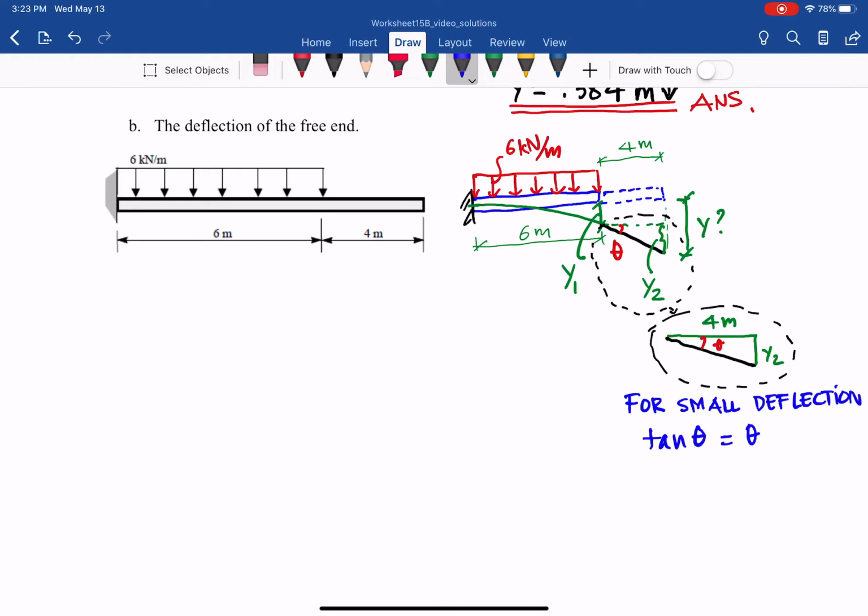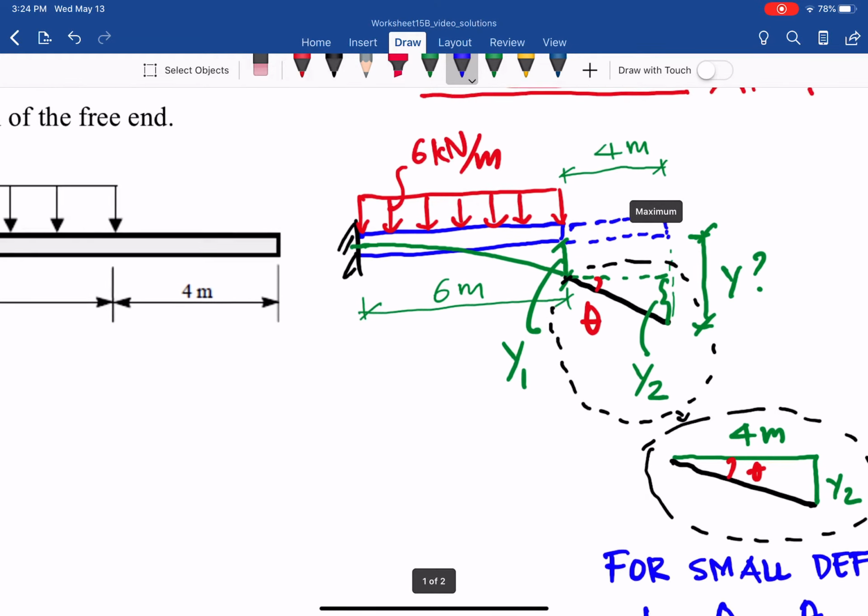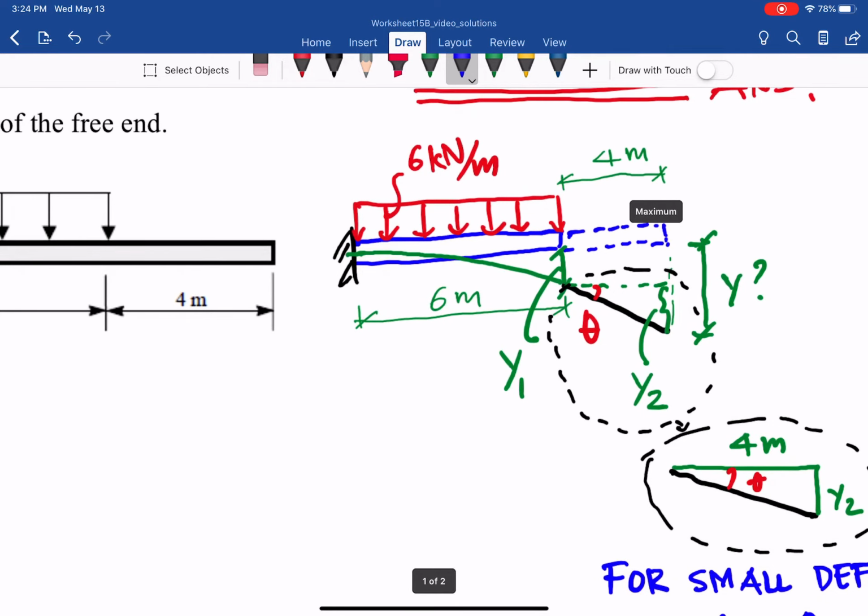Applying tangent as opposite over adjacent, theta is about y2 over 4 meter. So y2 equals 4 theta, where theta is the slope at the end of the 6 meter cantilever.